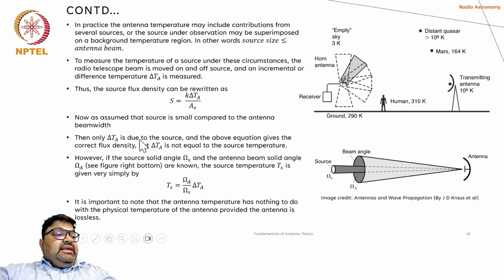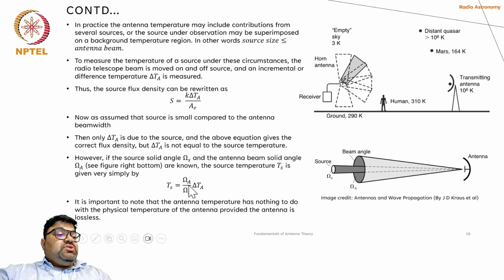Only delta TA is due to the source, and the above equation gives the correct flux density, but delta TA is not equal to the source temperature. However, if the source solid angle omega s and the antenna beam solid angle omega A are known, the source temperature T sub s is given very simply by the ratio of both.